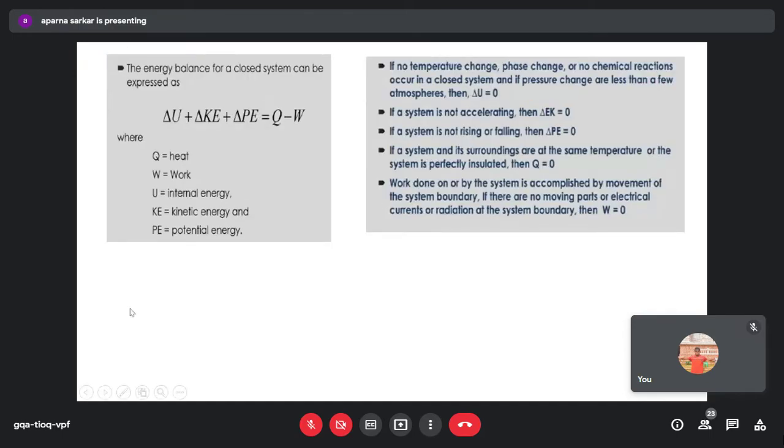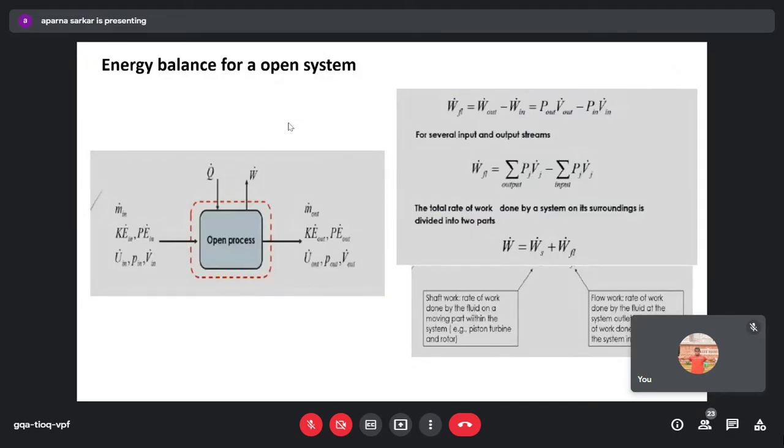The overall energy balance for a closed system is the change of internal energy, plus the change of kinetic energy, plus the net change of potential energy. This summation is equal to Q minus W. Q is heat and W is work done. Okay, so that was for the closed system.